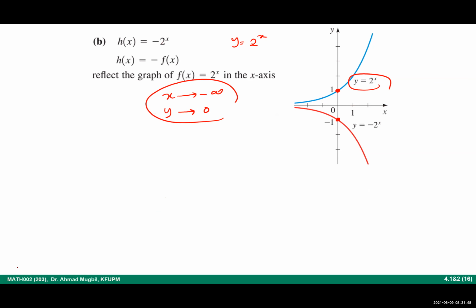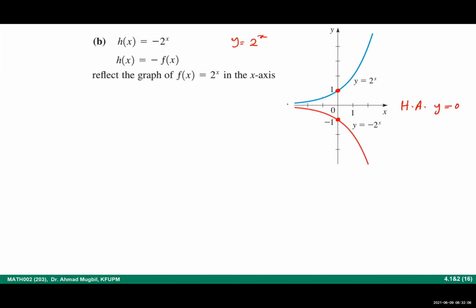What happens for the domain and the range? I forgot to mention that. We still have the horizontal asymptote y equals 0, the same. Now what happens to the domain? The domain, Shabab, is still the same, from negative infinity to infinity. Where is the change here? The change is in the range.